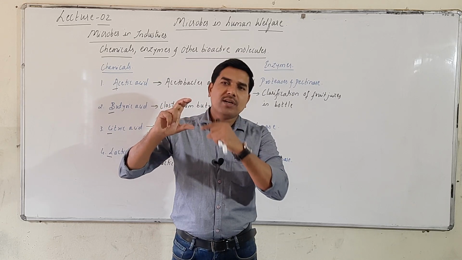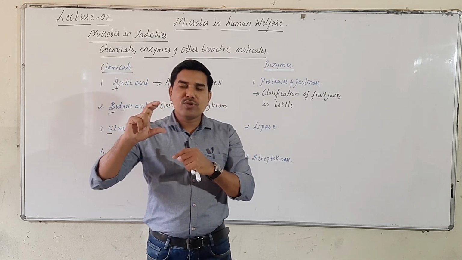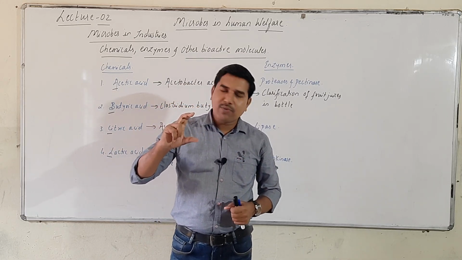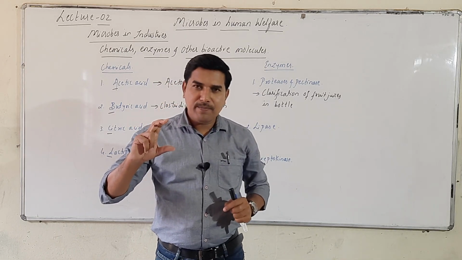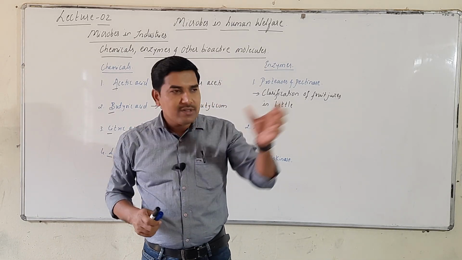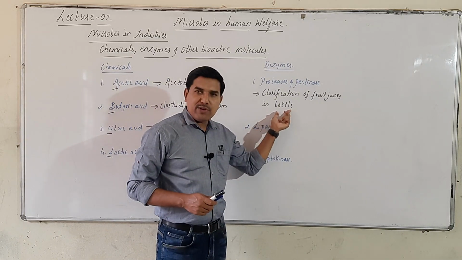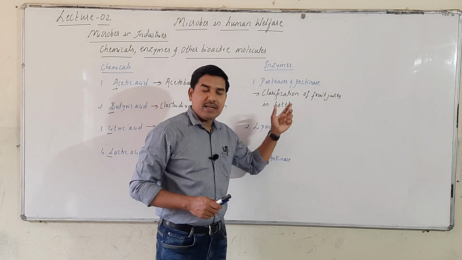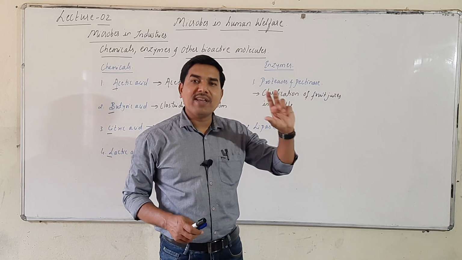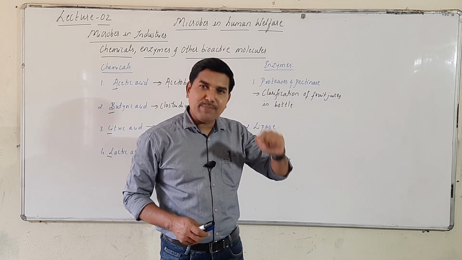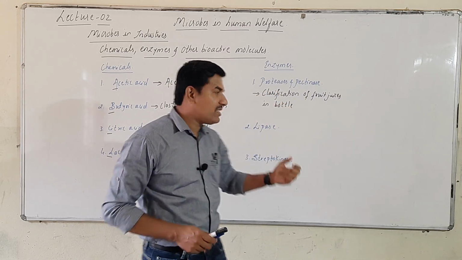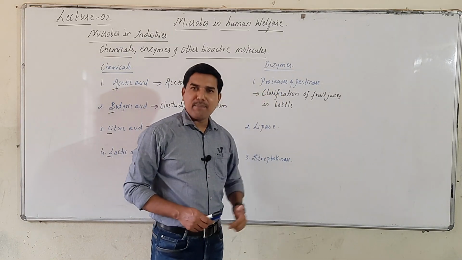But the solution or this juice what you take in the glass, it will not be a clear solution. But the orange juice that you bring from the market, where you carry the bottle, there the solution is very clear. This is because that turbidity is removed by these enzymes, protease and pectinase.